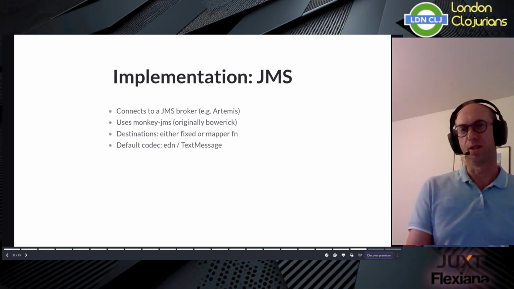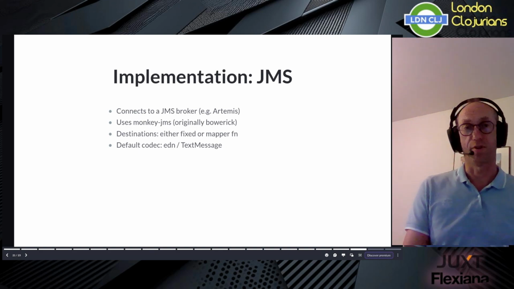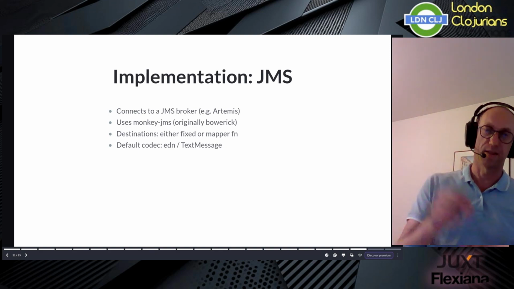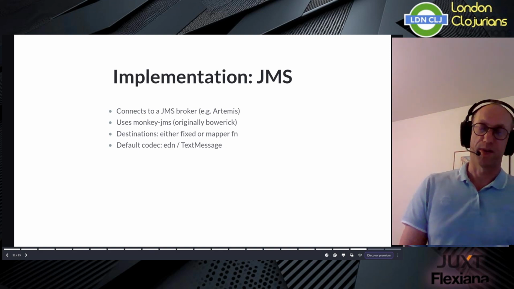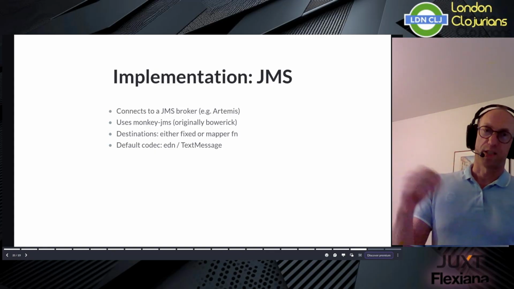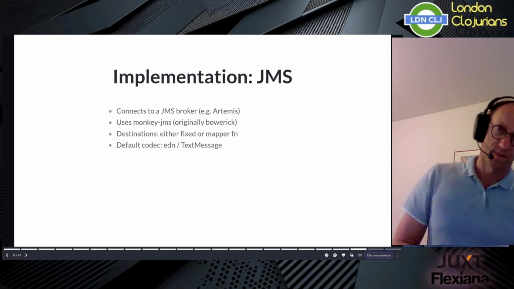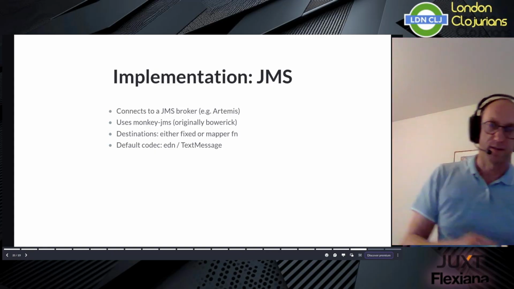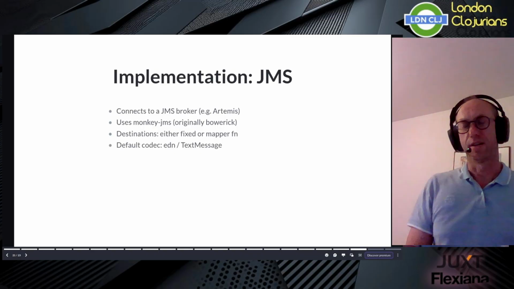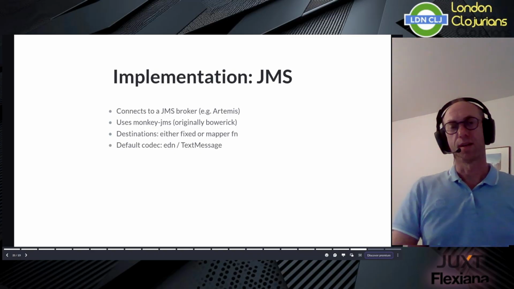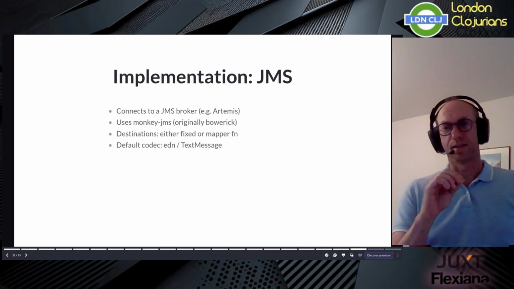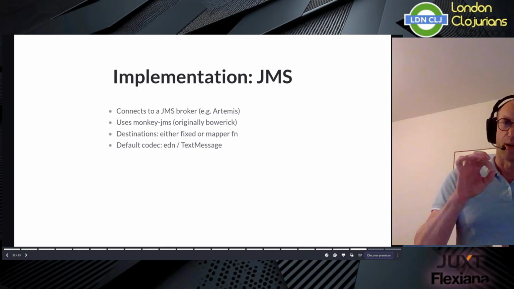In real life situations, you almost never have only one destination. So in practice, you need a more flexible solution, and that's why I also added a mapper function. When you create a JMS broker in Mailman, you can specify, next to the other connection settings and credentials, a function, the destination mapper. This destination mapper is called for each outgoing event.